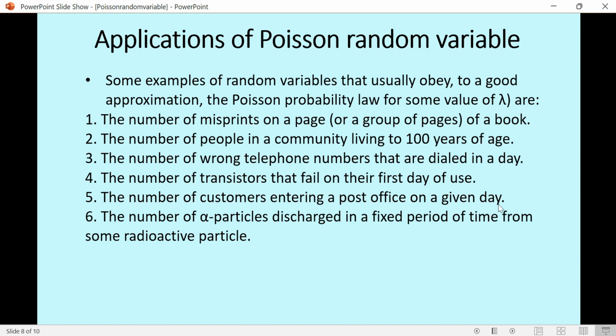This given day is a predetermined time interval. All these are random variables, and all fulfill the presumption that we have a constant rate over a predetermined time interval.